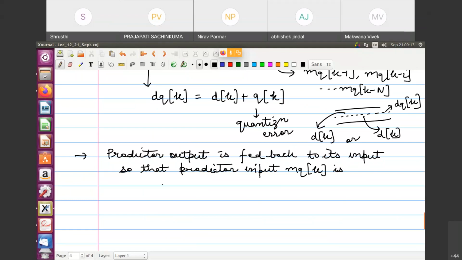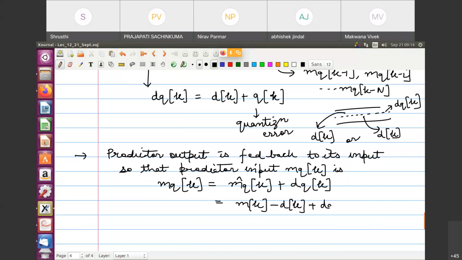So what I am doing is having a feedback loop from the predictor. Let me just draw and see. Just give me 2 minutes. Let me write everything down, and then you can observe it. Which is equal to m of k minus d of k plus d of k, which is equal to m of k plus q.